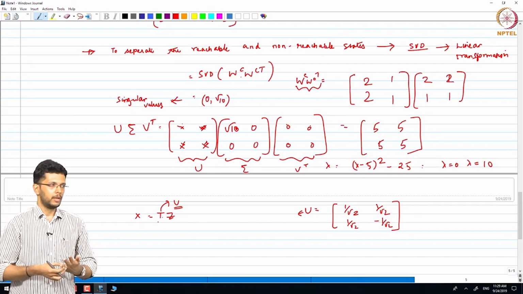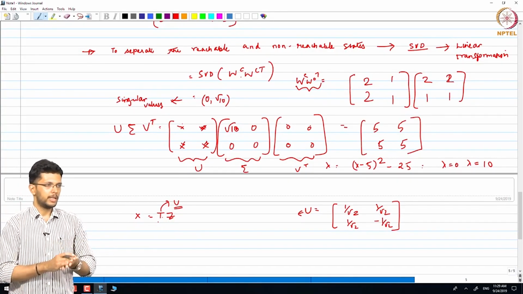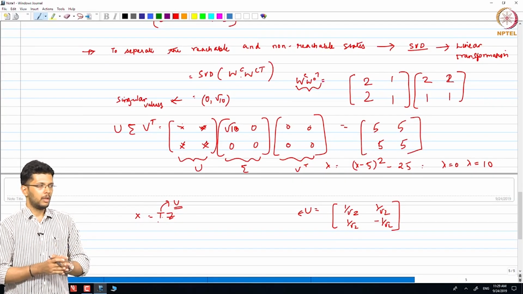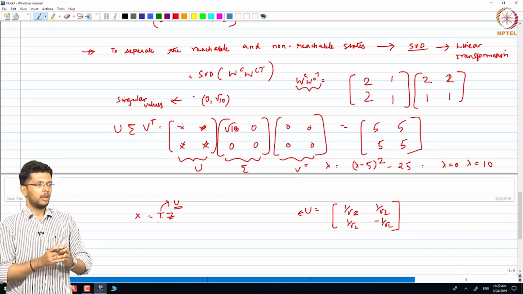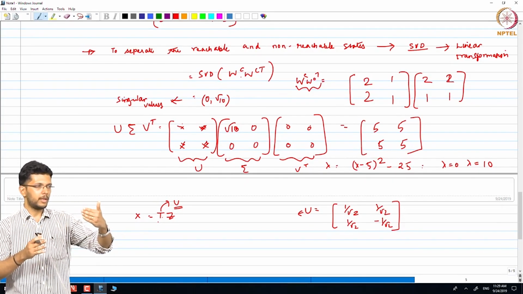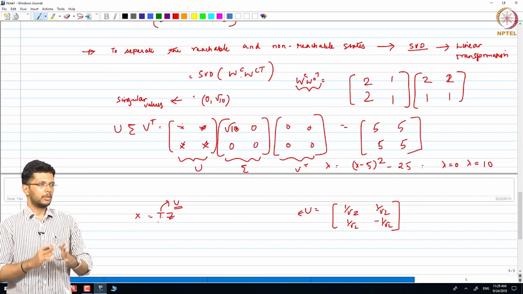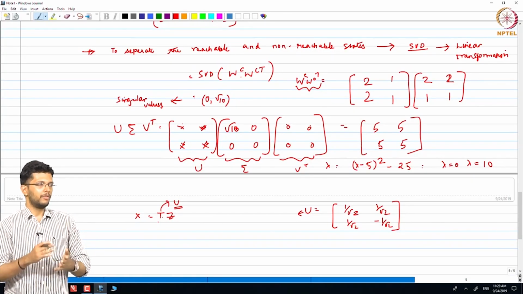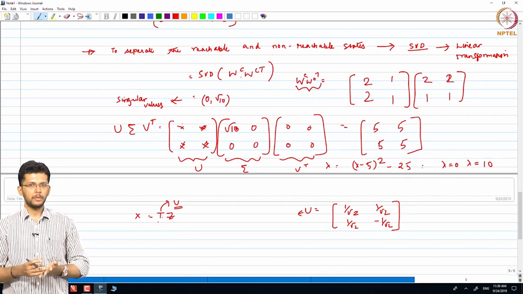And what is stabilizability? You have an unstable mode, basically your lambda is greater than or equal to 1, and you have an input which can push your unstable state to a stable state, to the origin. That is stabilizability, if you could achieve that in infinite time steps.